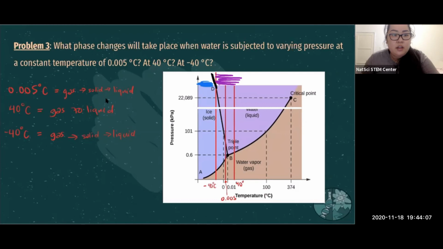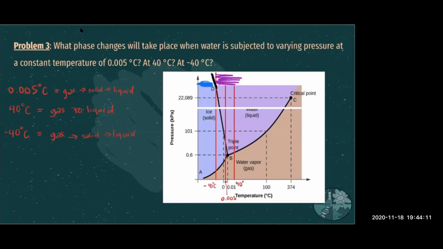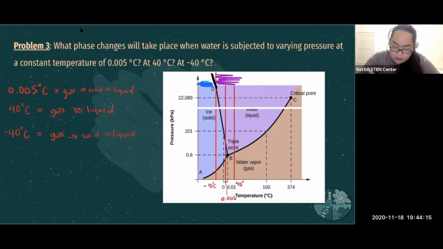Okay, can you guys hear me now? Yeah. Okay. The reason why it goes through all three is because if you extend this line right here, it will go into liquid.